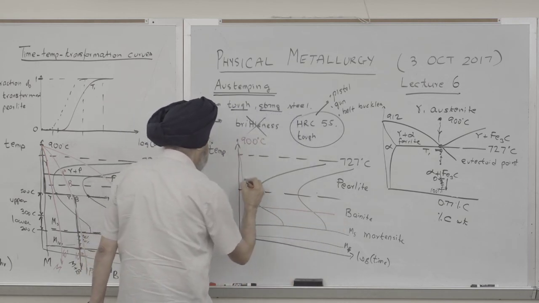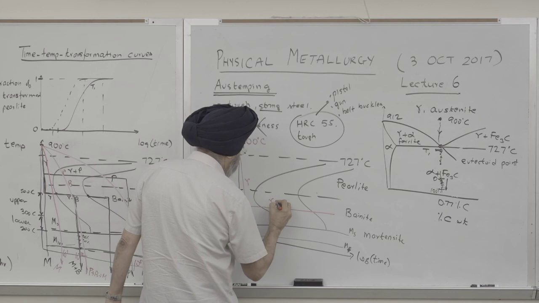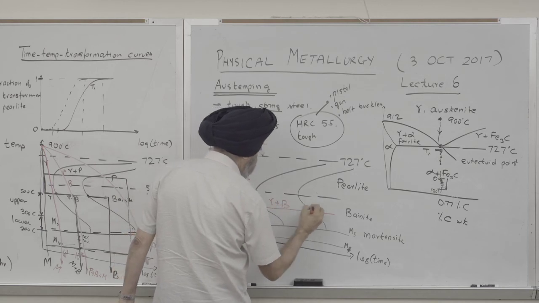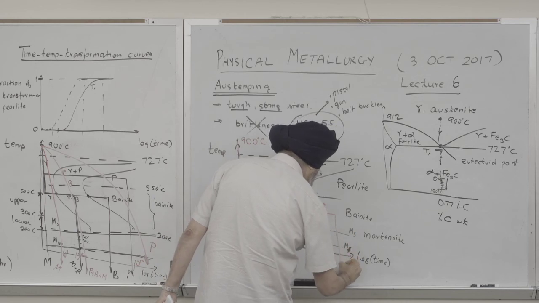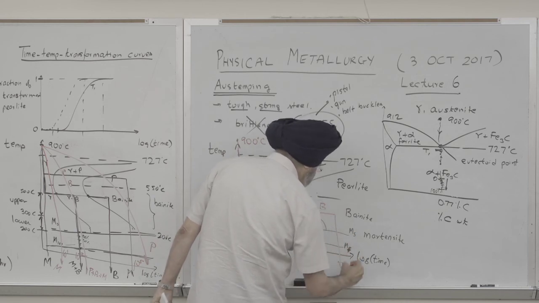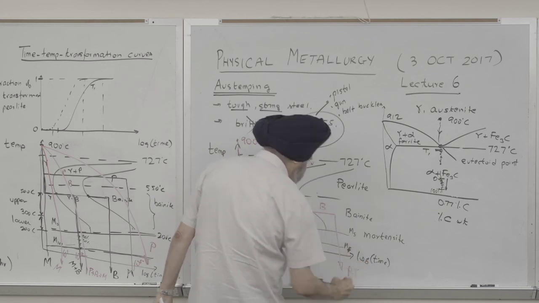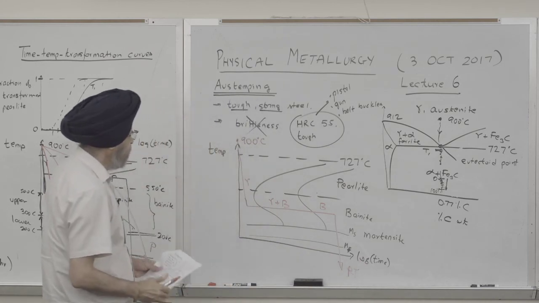So this is gamma, this would be gamma plus bainite, and this is bainite. And then we can cool it down to room temperature. So this is austempering.